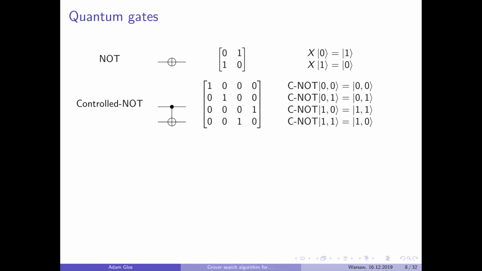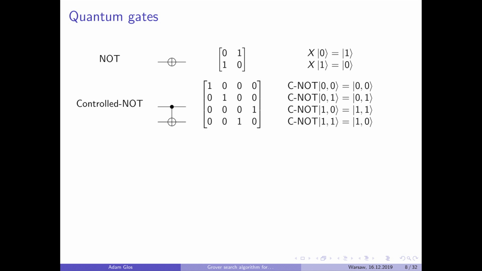But we have a little bit more complicated gates, like controlled NOT, which is something we could consider as an if gate. Because if the first qubit is 0, then we do not do anything. If the first qubit is 1, then we change the second qubit into the opposite one.